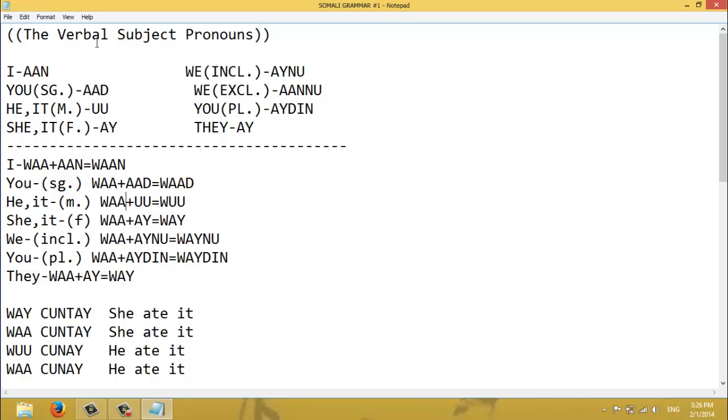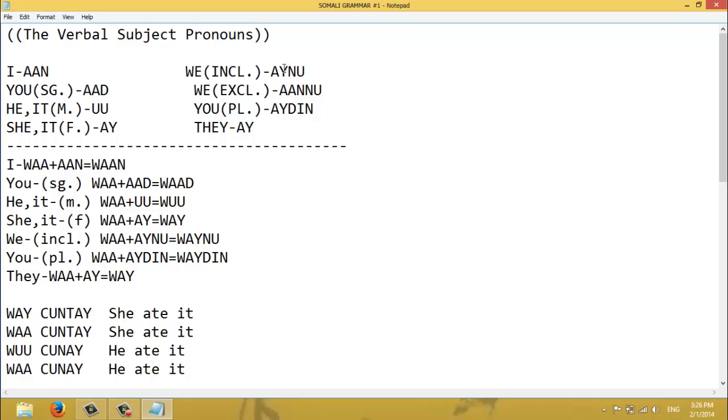Those are called personal pronouns. Now we're dealing with the verbal subject pronouns. Basically, these you see here: aan, an, ad, u, a, ainu, annu, aidin, and a. These are the verbal subject pronouns.